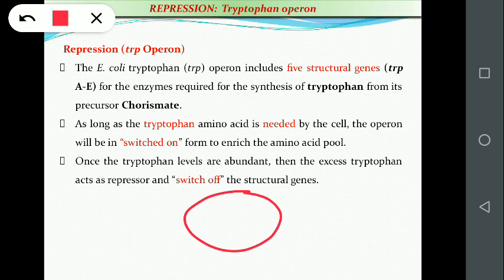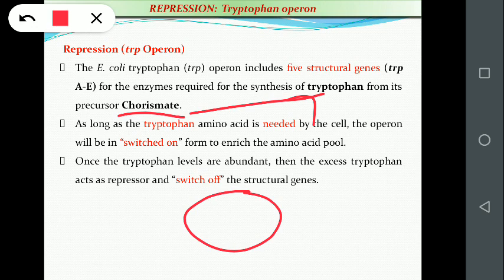Tryptophan is synthesized by, in fact, three different enzymes. In fact, we require more than three enzymes, but the precursor molecule of tryptophan is chorismate. From chorismate, tryptophan will be synthesized.